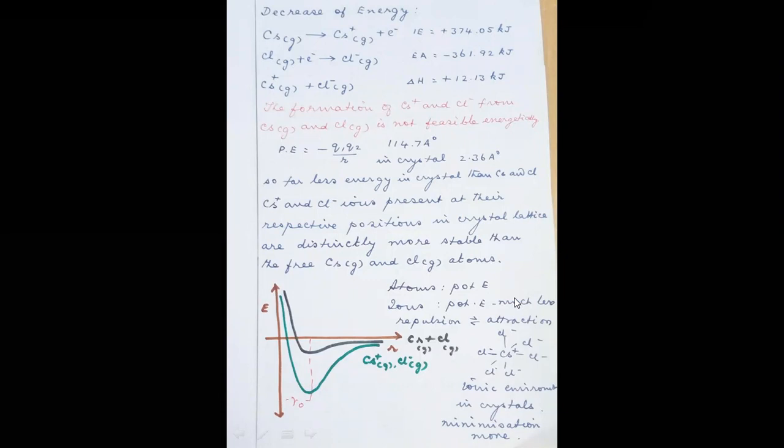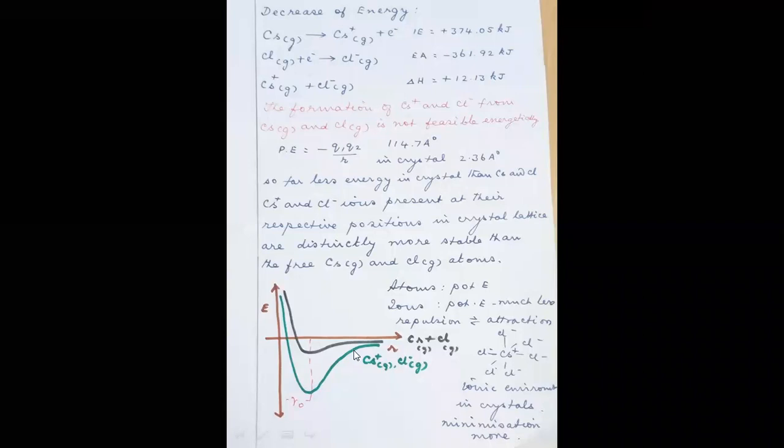It is not that much high, but it is high comparatively. When these ions or atoms are brought closer, there is a minimization of energy, and at a critical distance the energy is much less. It goes to the least level, and further forcing the atoms or ions closer will increase the potential energy, and it goes on increasing.